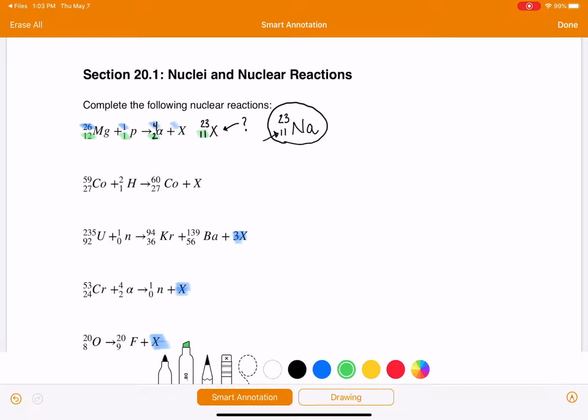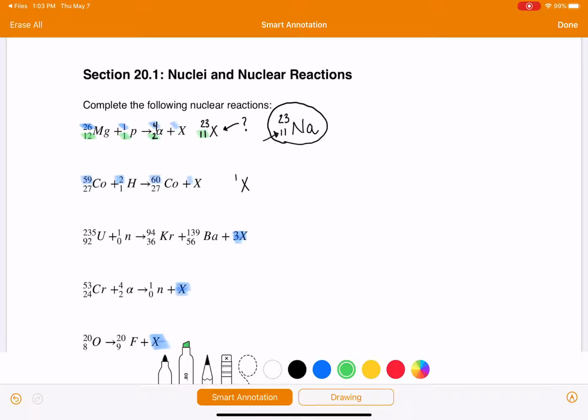So let's move on to the next one. Let's start with our mass numbers. On the left-hand side, we have 59 plus 2. That's a total of 61. On the right-hand side, we have 60. So that means that this particle, whatever it is, has a mass number of 1, so that the right-hand side also is 61.